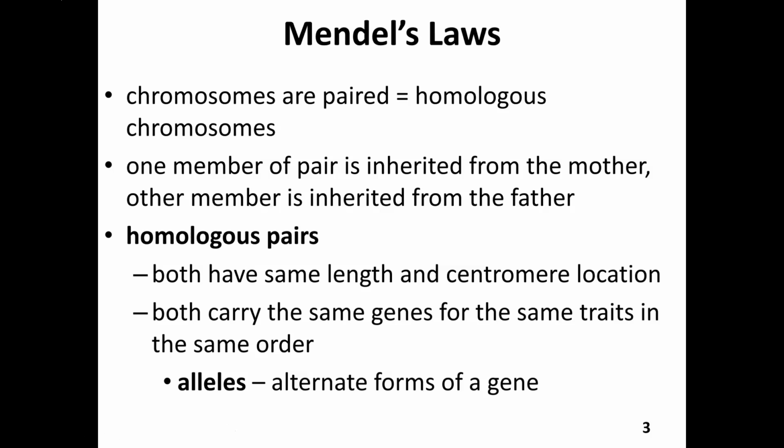So chromosomes are paired, and each pair of chromosomes has identical information. And so I'm just going to draw two what I'll call chromosomes here, okay? These chromosomes are identical in size, in what genes are found, and where they're found.